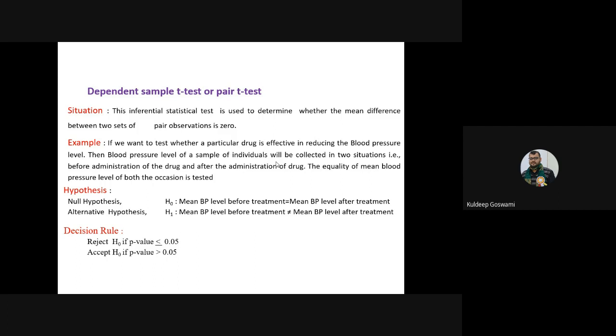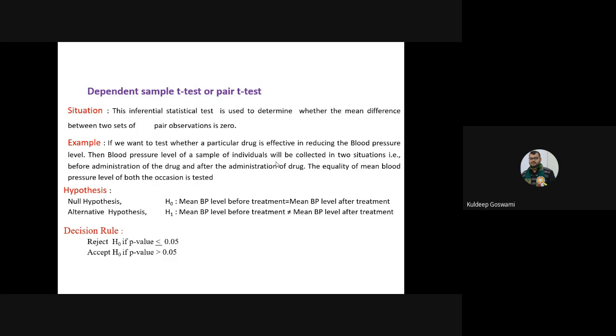Okay, this is one sample. This is sample one. Before giving that drug, the company recorded systolic and diastolic blood pressure of 20 persons.